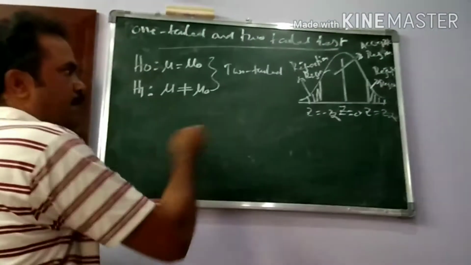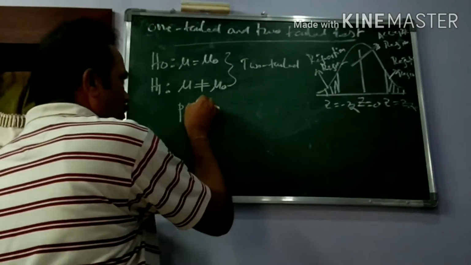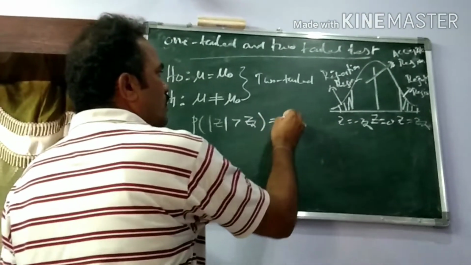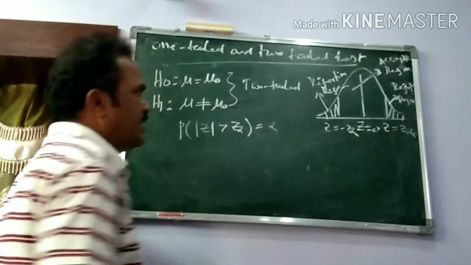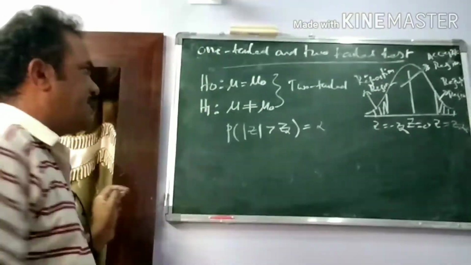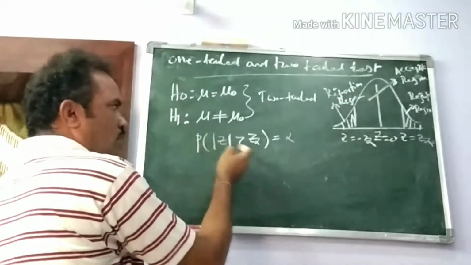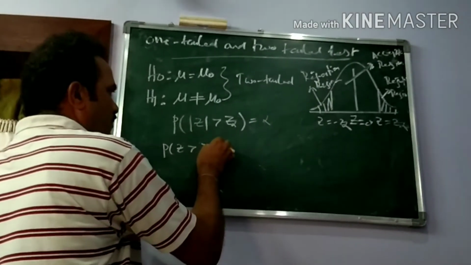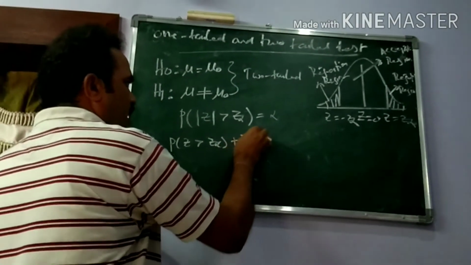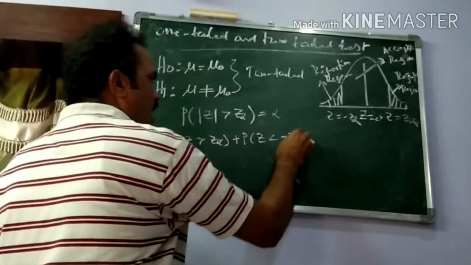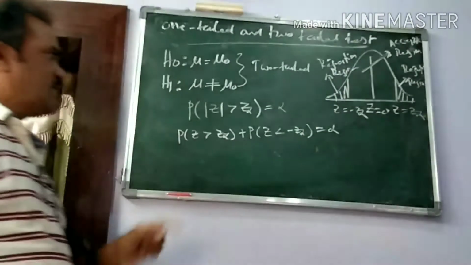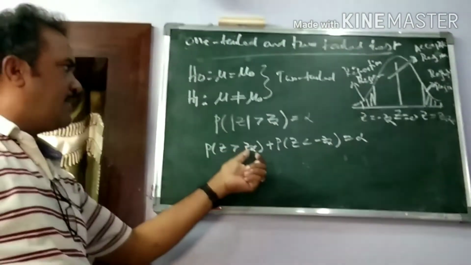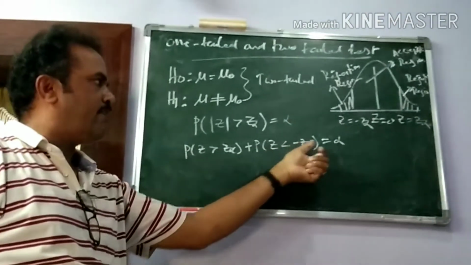What is the equation of the corresponding probability? Probability of modulus of z greater than z alpha is equal to alpha. This is the equation. If we want to simplify it, we remove the modulus: probability of z greater than z alpha plus probability of z less than minus z alpha is equal to alpha.